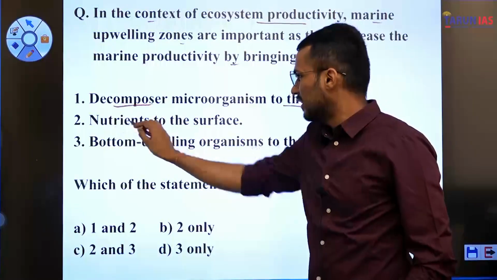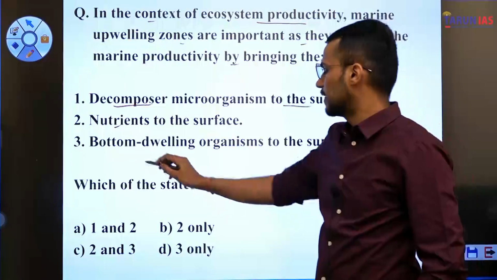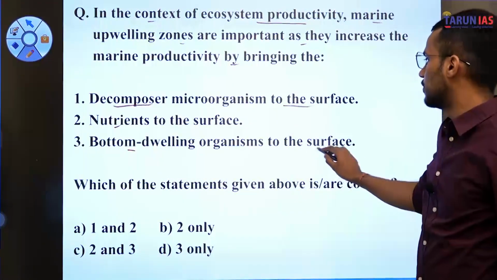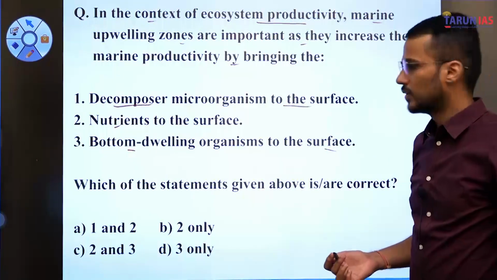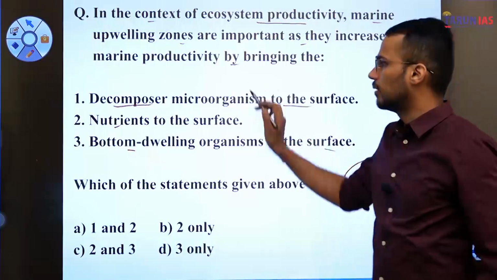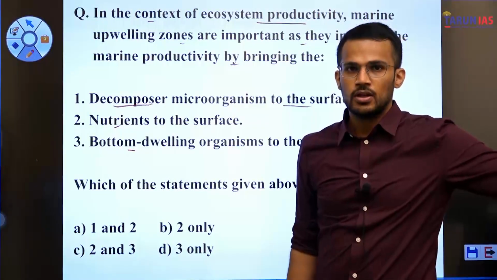Second, by bringing nutrients to the surface. And third statement, by bringing bottom dwelling organisms to the surface. You have to select correct statements from the above mentioned three statements, and these are the different options.